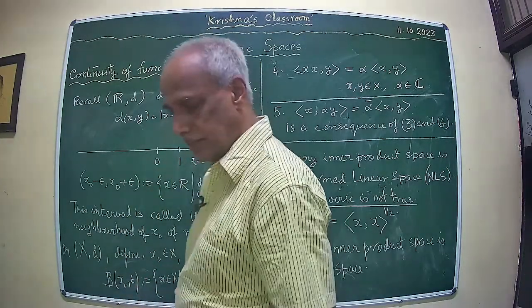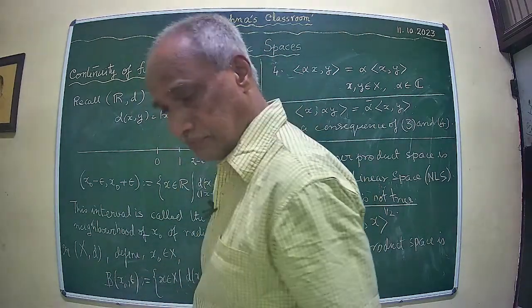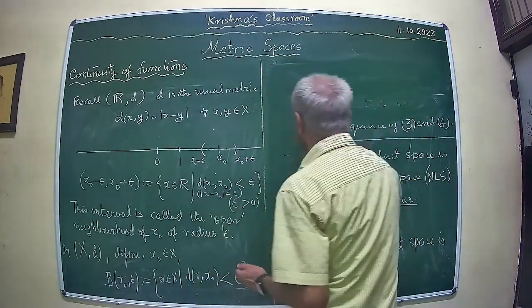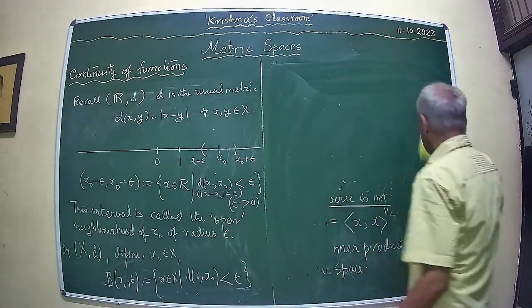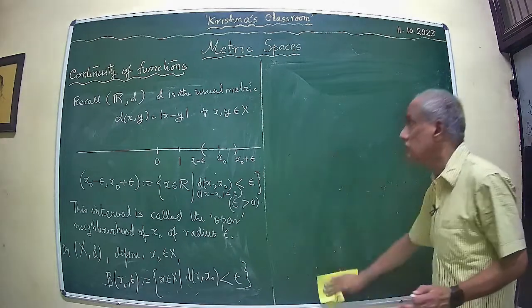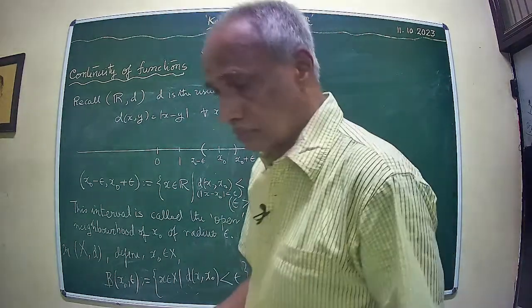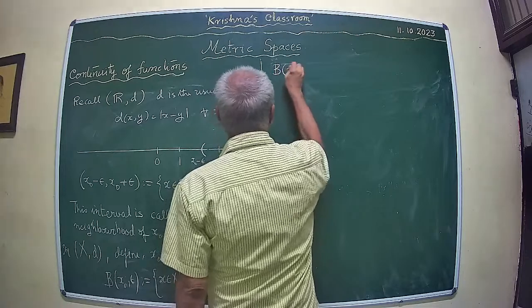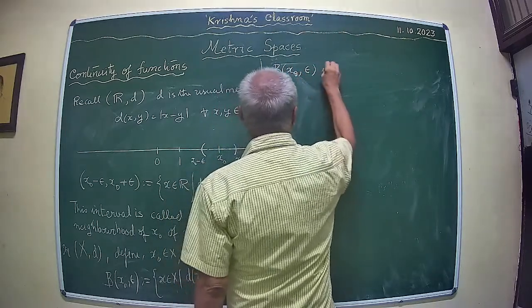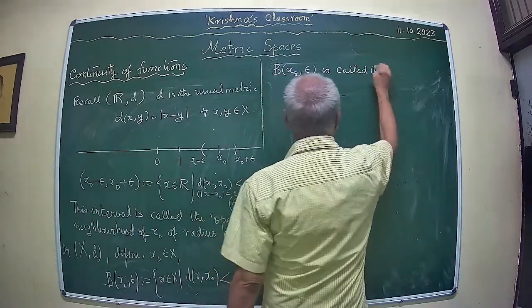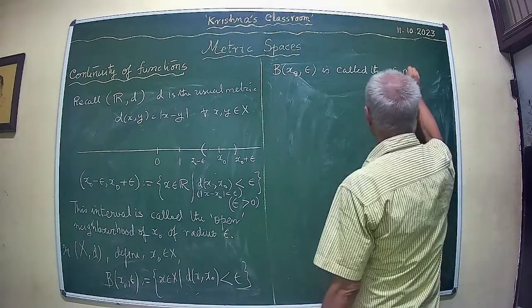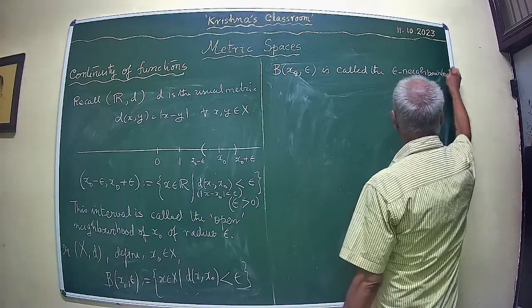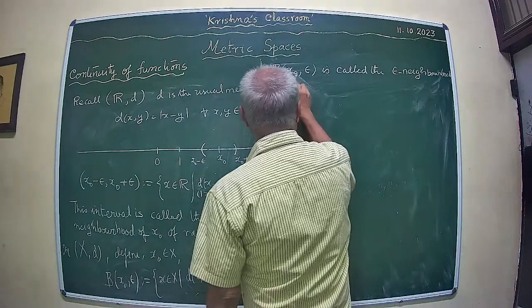Now this is what is called an epsilon neighborhood of x naught.